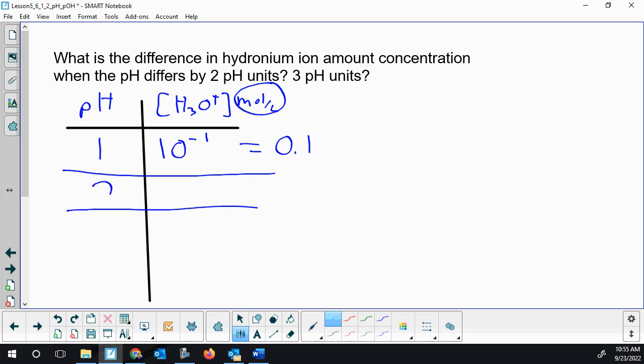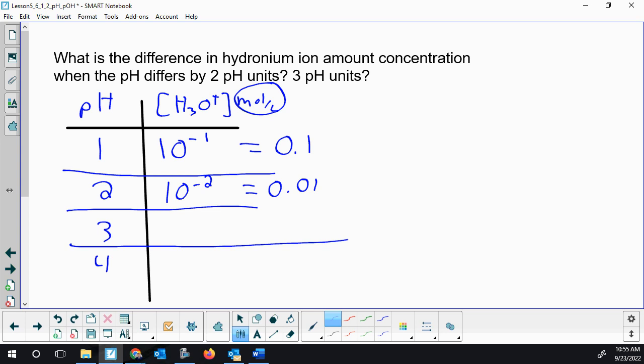If I go to a pH of 2, that tells me about the exponent in the concentration. So we're now 10 to the minus 2. And that adds another 0 before we get to the 1, between the decimal and the 1. I'm going to move to a pH of 3, and I'm going to end at 4.